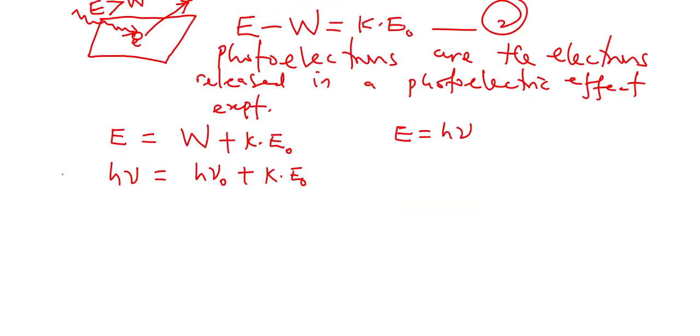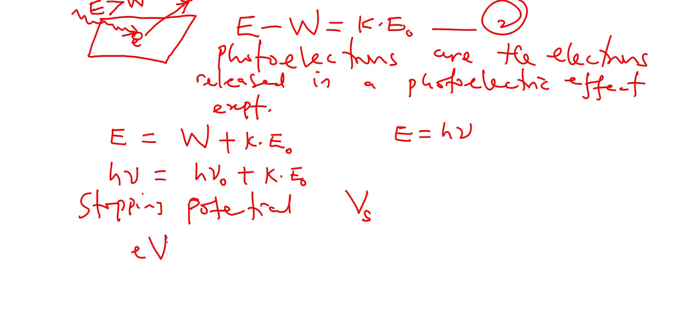So let me write it, stopping potential. Let me denote it as Vs, stopping potential. If we multiply this voltage by the electronic charge, of course we get energy. So this energy is the maximum kinetic energy of the photoelectron.